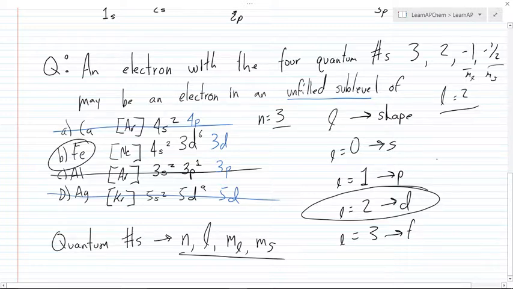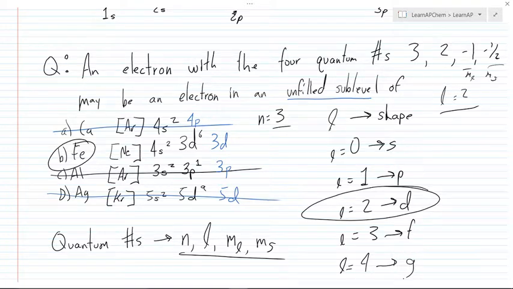So I believe l equals 4 would be g, although I'm not 100% on that. You wouldn't need to know that for the AP Chem test, but it's a good question nonetheless. Okay, yeah, so this is g, and then l equals 5 is h, and then you would just keep going up the alphabet. But good question.